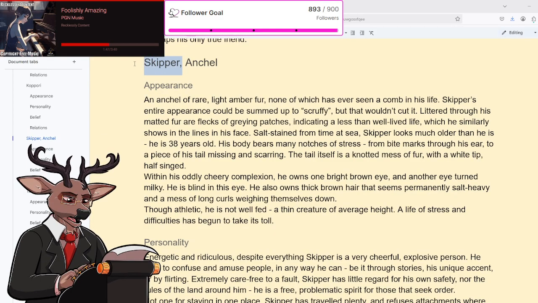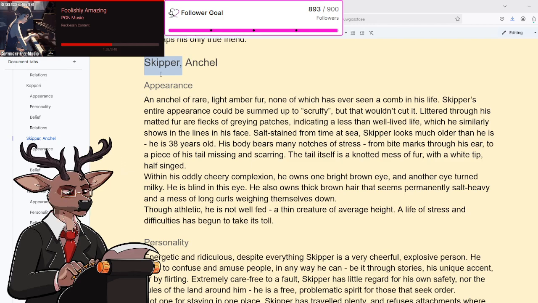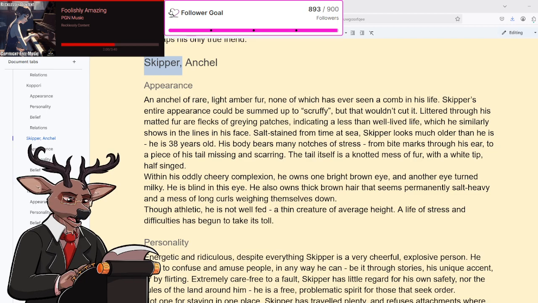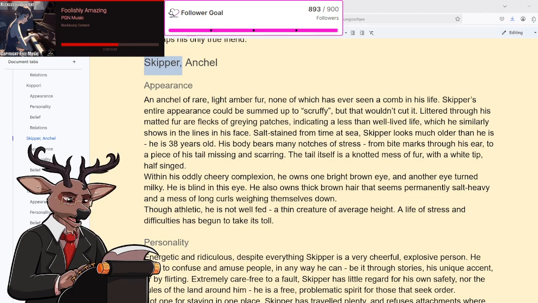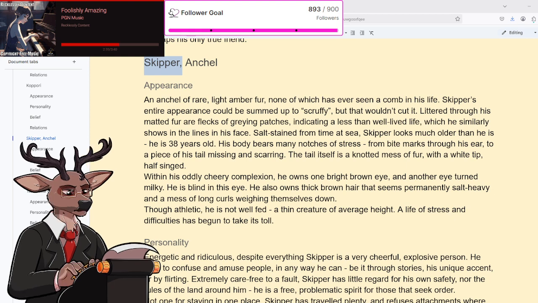Skipper's entire story and fate has been planned since the beginning. It has been the only thing that hasn't actually changed one bit, other than the race. Skipper is very much the same individual as when I first thought of them.